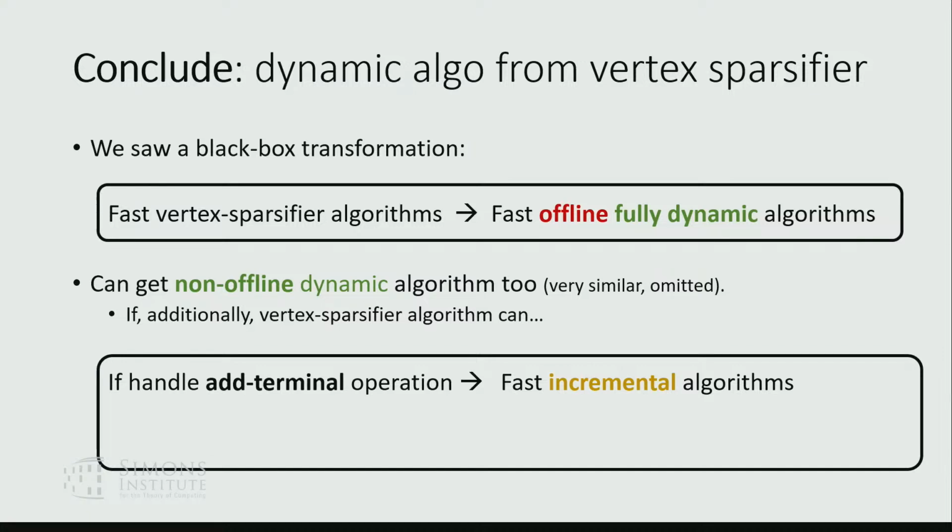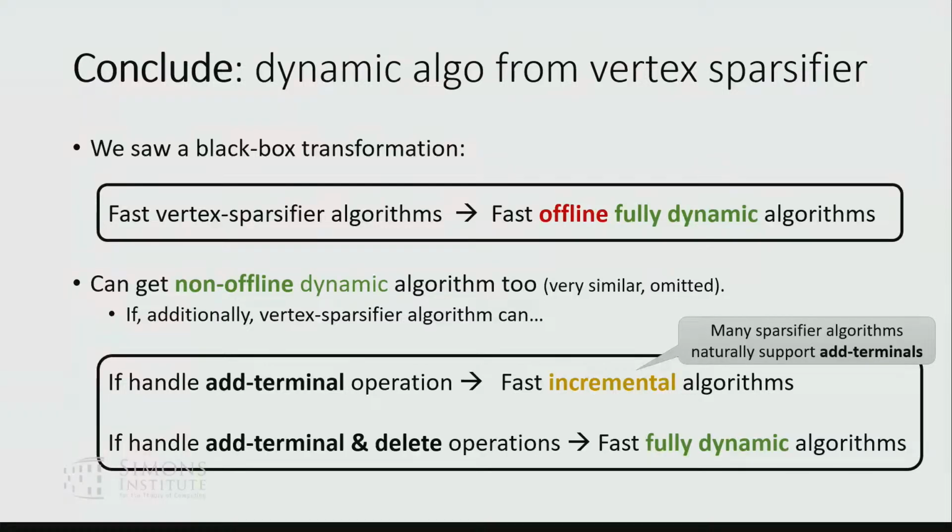Let's call it V. If you can add V into your terminal set and update your sparsifier quickly, let's say in polylog time, that's what it means to support the add terminal operation. And if you can do this, you immediately get an incremental algorithm. Online one, not offline.